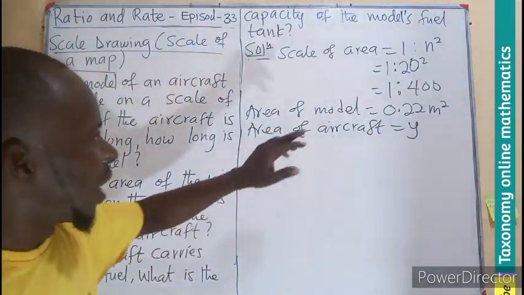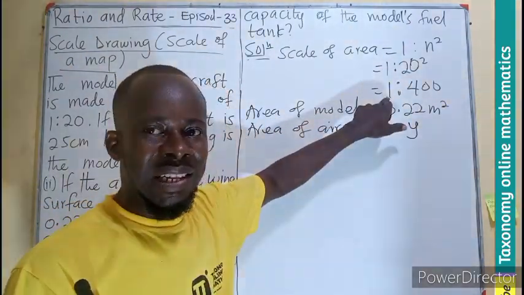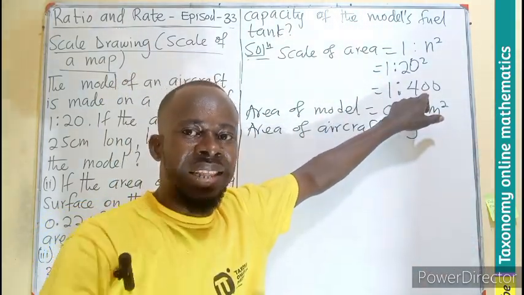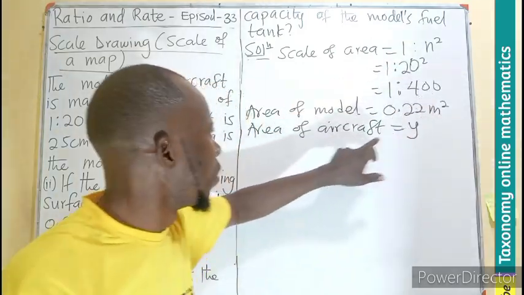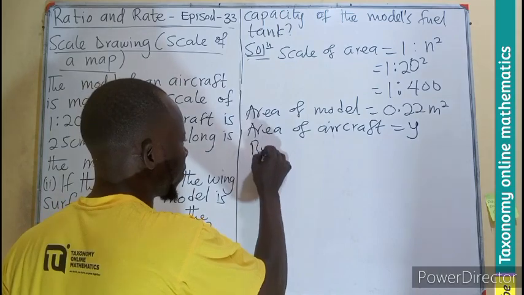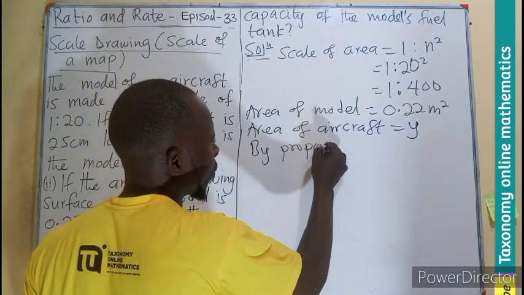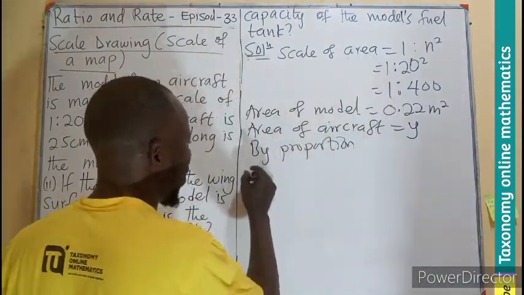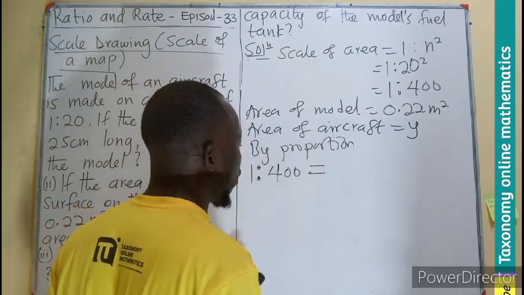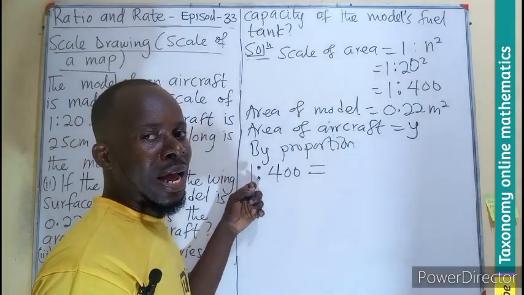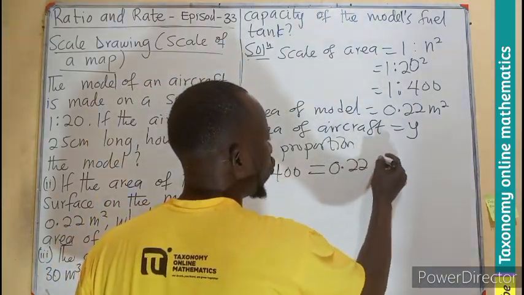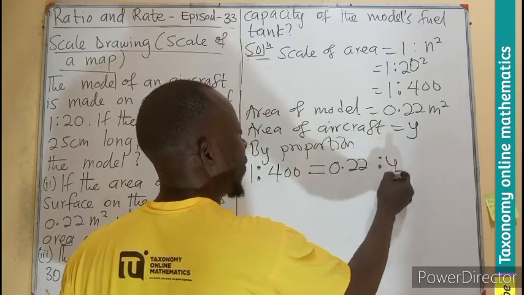So in this case, don't forget, this 1 represents the area on the model. This 400 represents the area on the aircraft. So model, aircraft. By proportion, we can say 1 is to 400 should be equal to the area on the model, 0.22, is to the area on the aircraft.